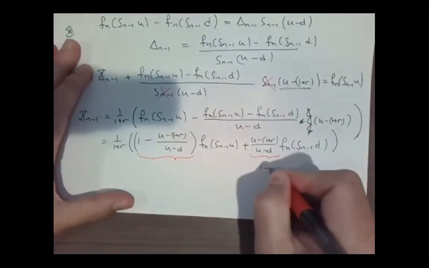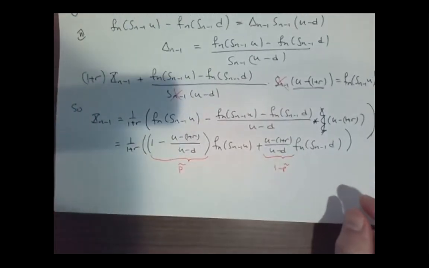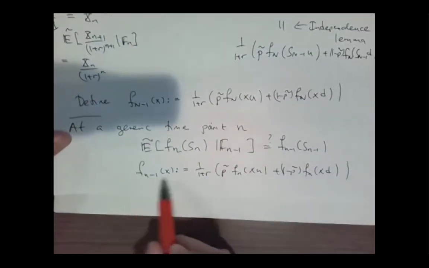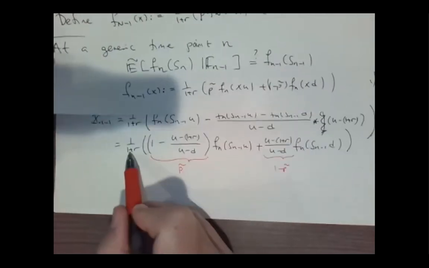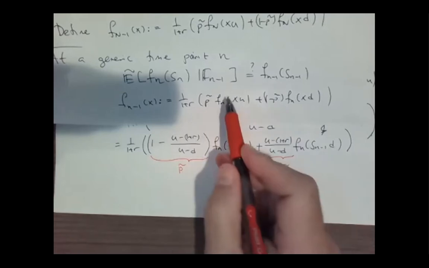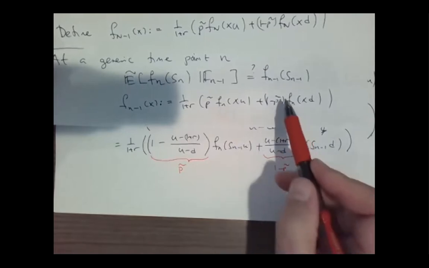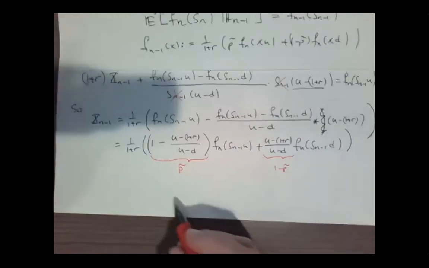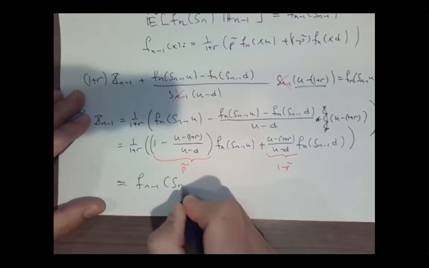And what is the one we have over here? P risk neutral. That's right. So what does that look like? It looks an awfully lot like what we had here, right? This is 1 over 1 plus r, p tilde, fn applied to Sn times u, and over here it's 1 minus p tilde, fn, Sn minus 1 times d. Right? So this here is exactly fn minus 1 applied to Sn minus 1.